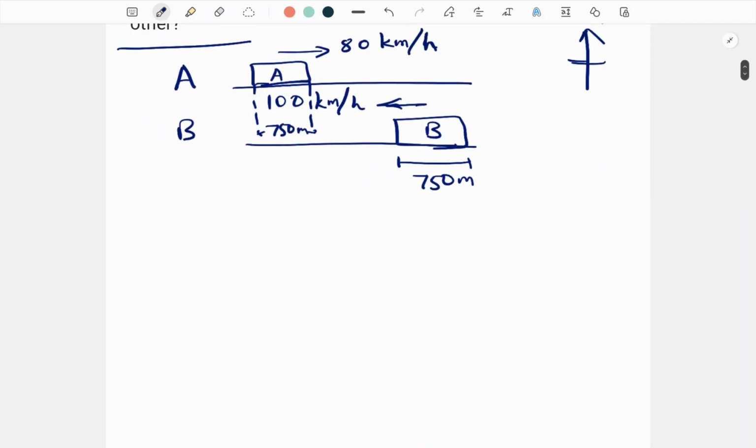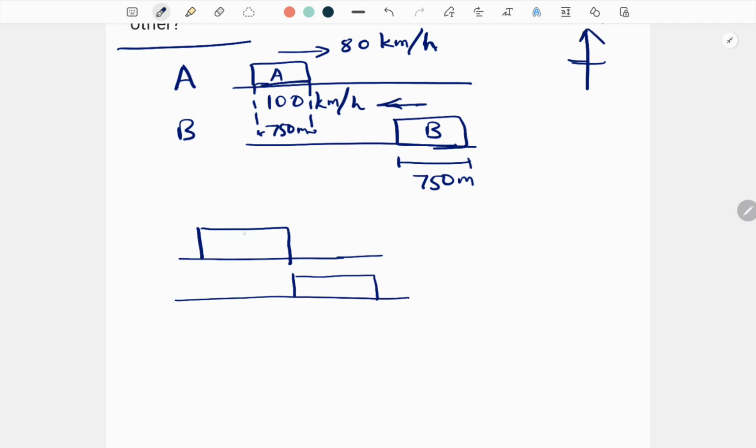So let's understand what this means in some detail here. This is what they will look like when they're on parallel tracks, right next to each other, just about to cross each other. This is train A, this is train B. This one is moving to the east and this one is moving to the west. And let's say their engines are barely at the same point on this line.